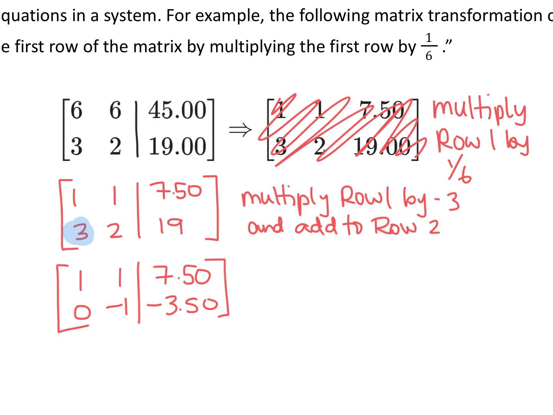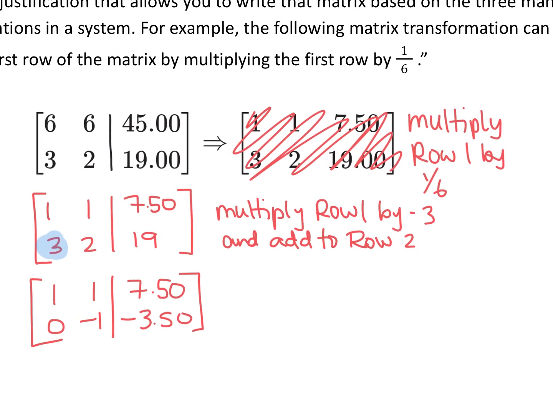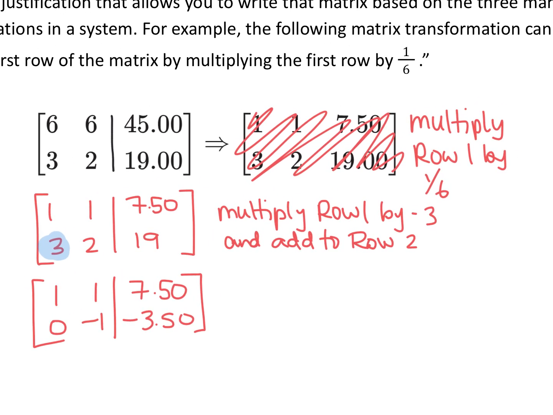I don't know if you followed the math there. Let's show it: multiply row 1 by -3 and add to row 2. So I end up getting -3, -3, -22.5, and then adding it to 3, 2, 19, right?